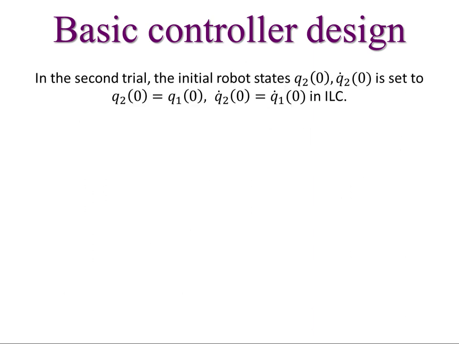After the first control trial is completed using the controller, we should return the joint angle and angular velocity to those at the initial time of the first control trial in iterative learning control. The second control trial is performed with the returned joint angle and angular velocity as the second initial state.